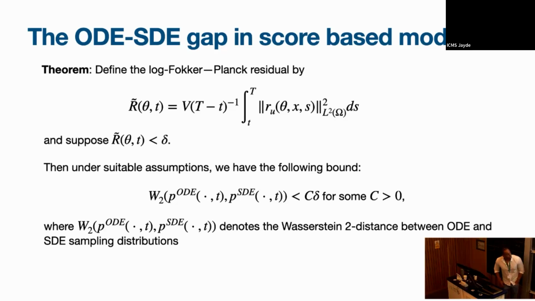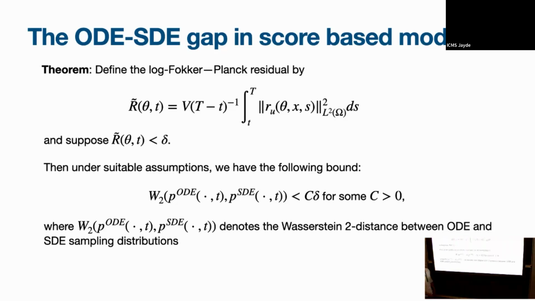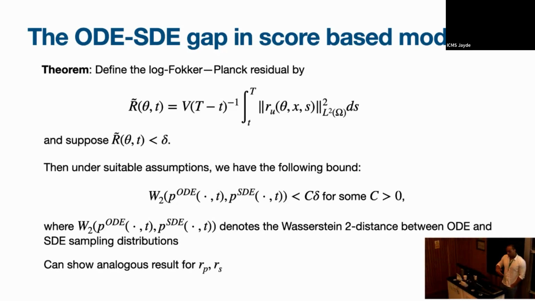I haven't written down what the C is, but C is dependent on delta, on this integration time, capital T minus t, and also the dimension of the problem. And you can show analogous results for the equations for the density or the score.